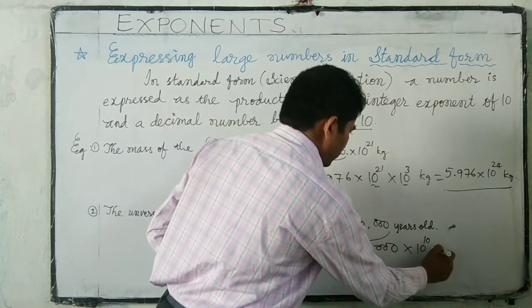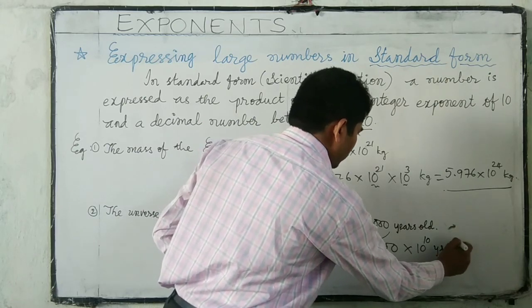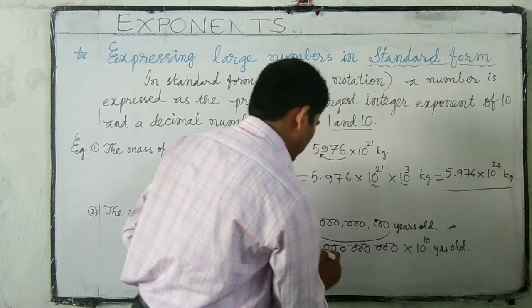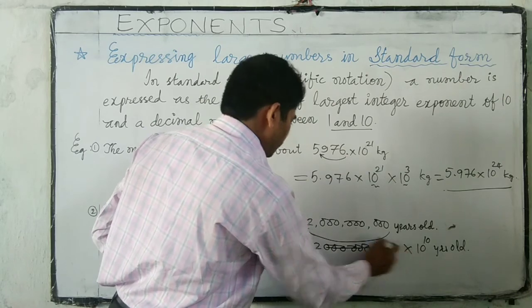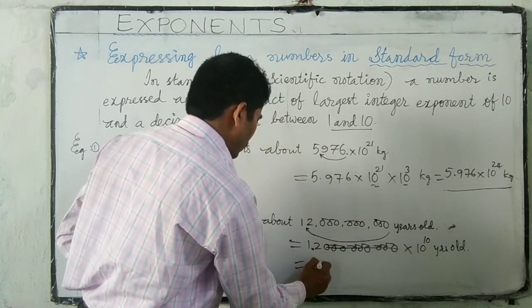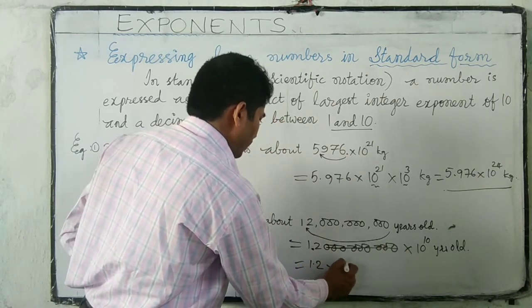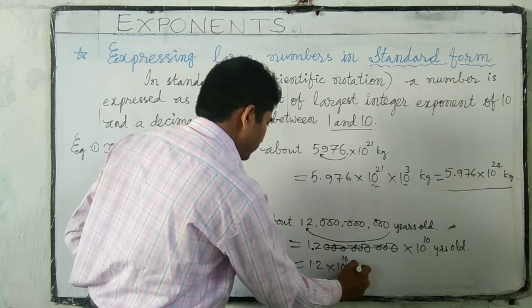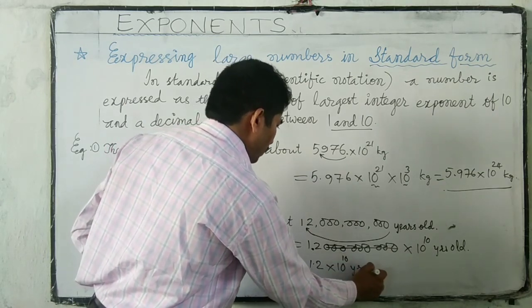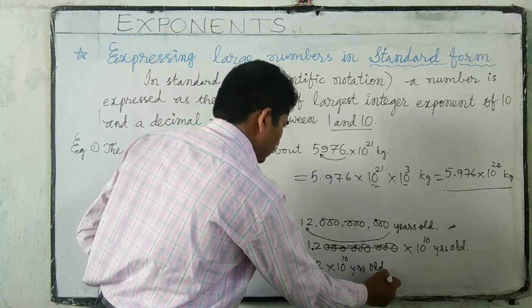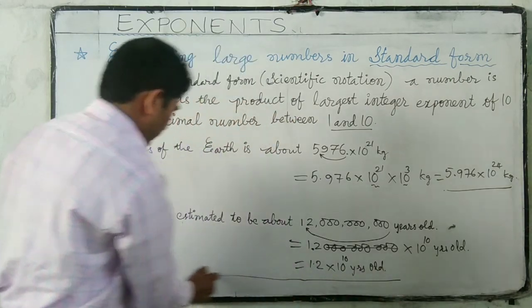So years old. So no value for this. Final answer: 1.2 into 10 to the power of 10 years old. So this is the final answer.